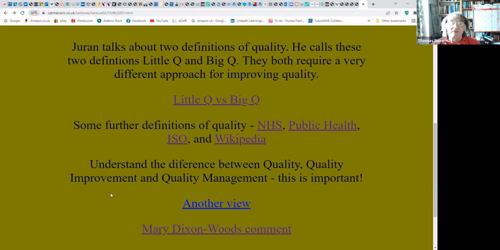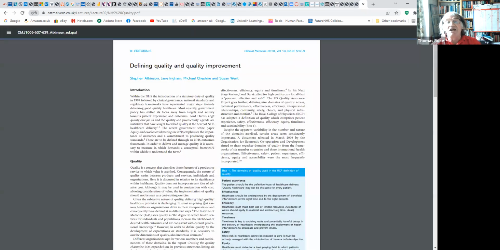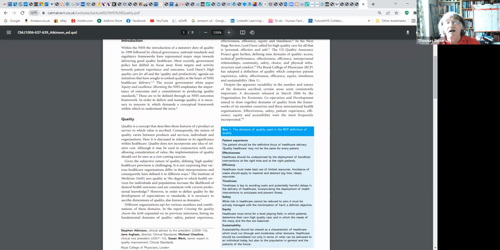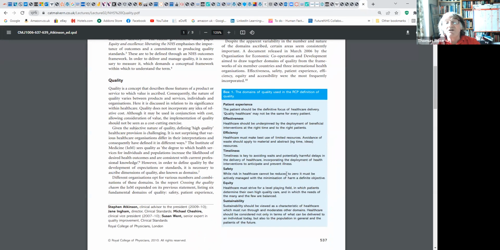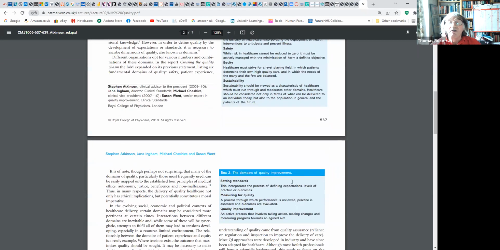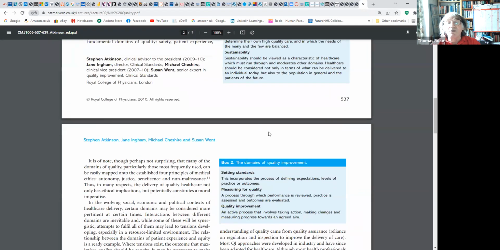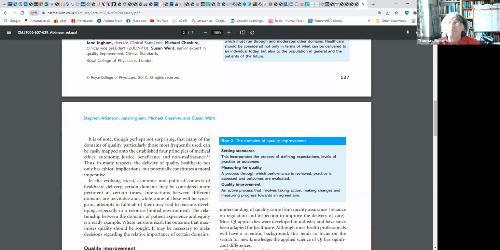So another view, an NHS view, defining quality. Here, once again, we've got the same terms for quality, and that's predominantly, again, little q, but it goes on to put a few more requirements into the definition of quality, which are becoming more big Q. Setting standards.